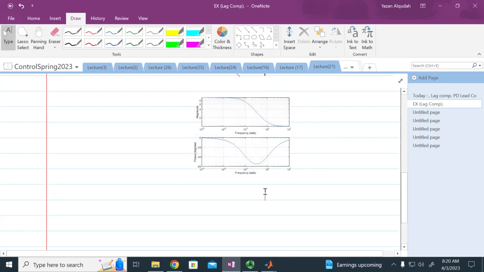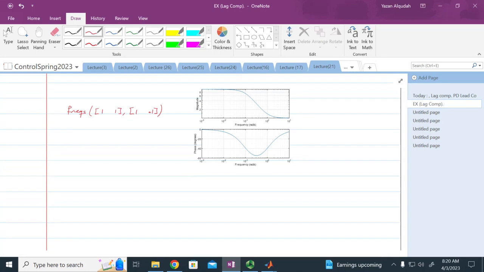This was using the fractional expression with a 0 at negative 1 and a pole at negative 0.1. Together, what does this look like? A low pass filter. Excellent. A low pass filter.